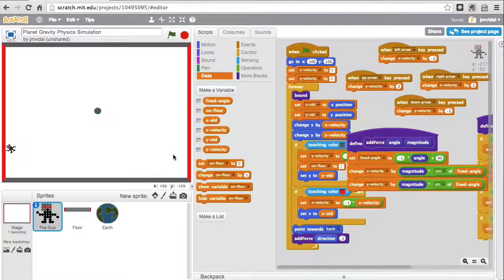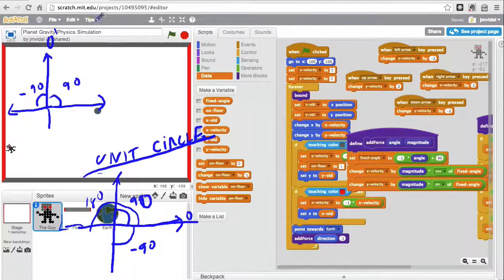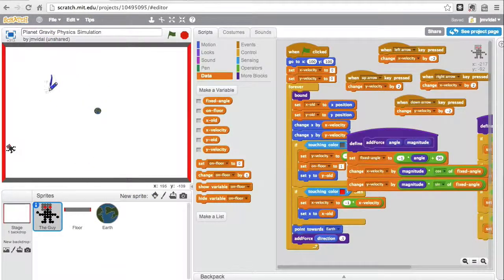So what physics tells us is that the force of gravitation is the gravitational constant times the first mass times the second mass divided by the distance squared. For this simulation, I'm ignoring masses, and the constant is just a number, so we can ignore that too.